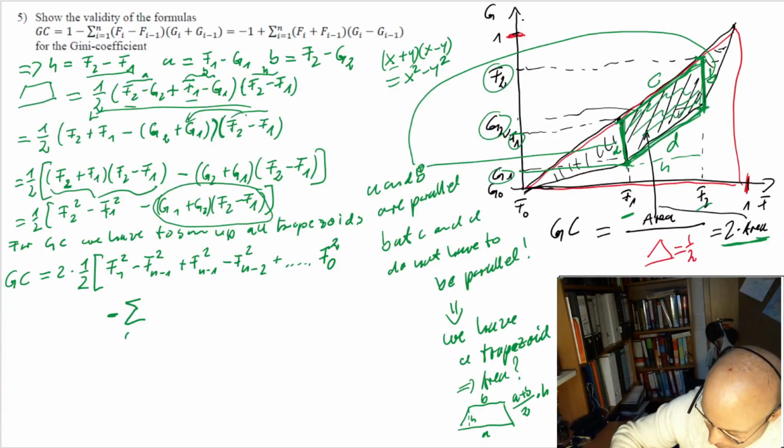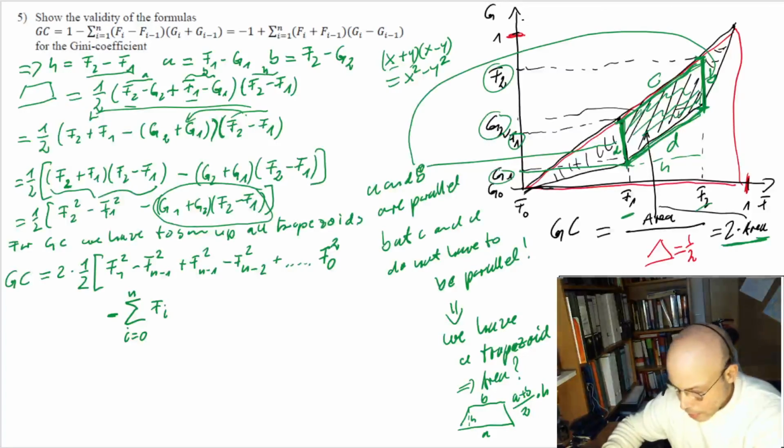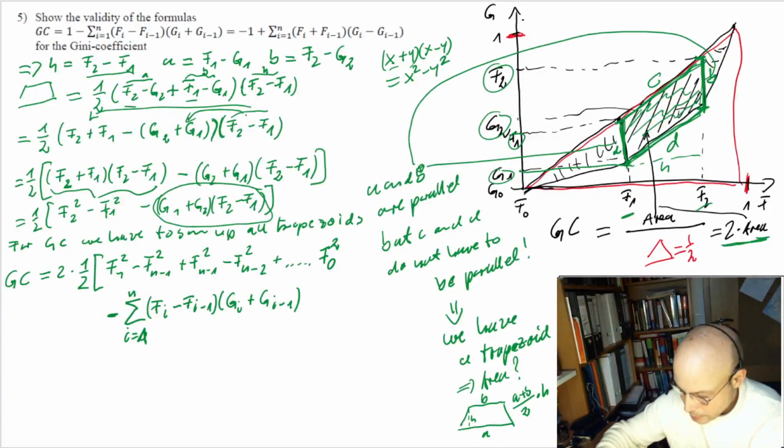The sum from i equals 0 up to n of f_i minus f_{i-1} times g_i plus g_{i-1}.